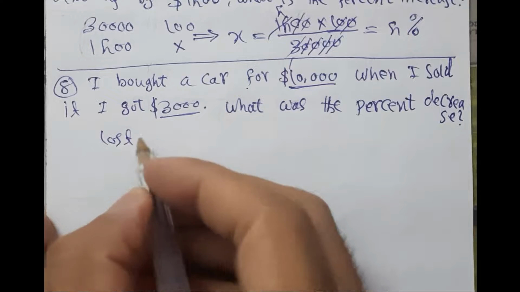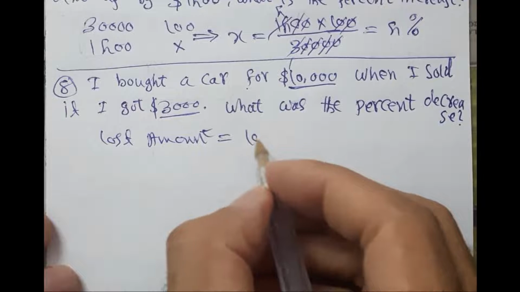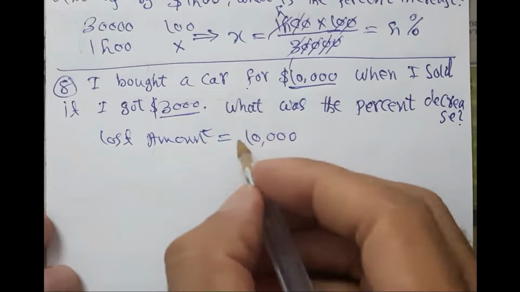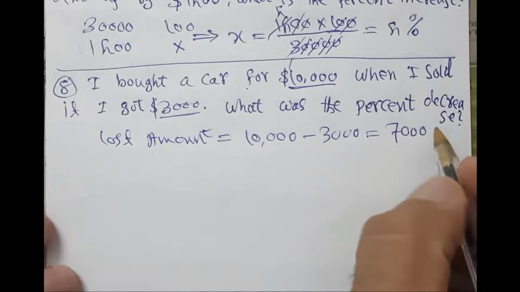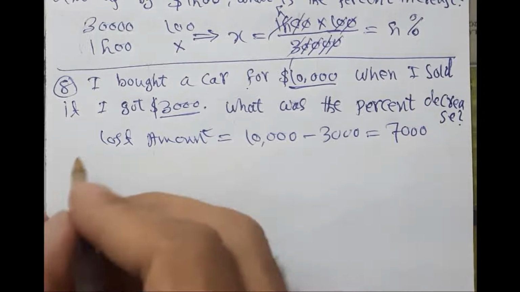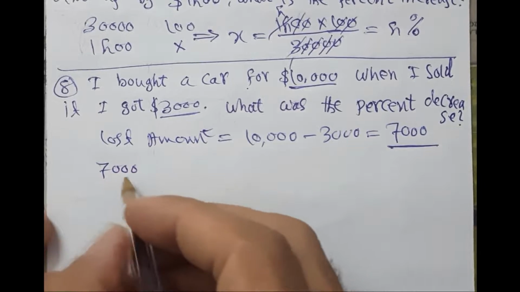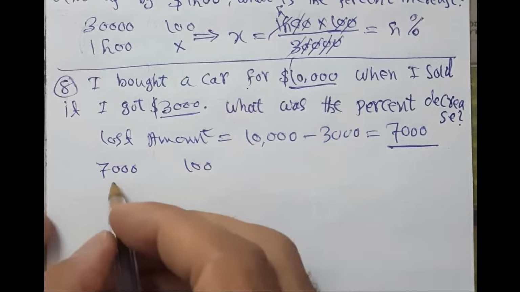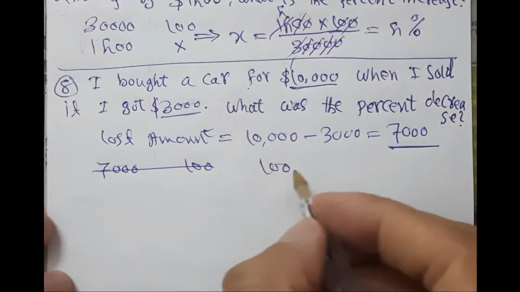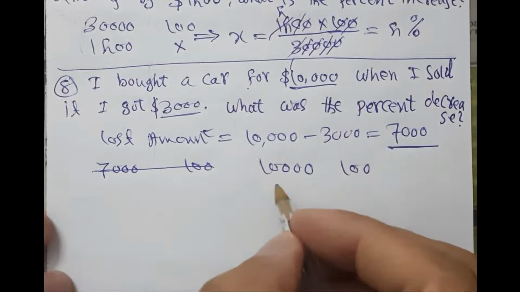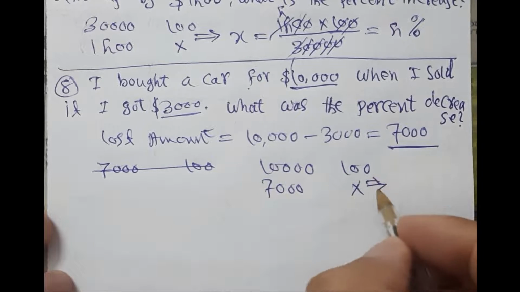Lost amount is equal to 10,000 minus 3,000. It is equal to 7,000. Sorry, 10,000 is the original amount. 7,000 I lost. What is the percentage?